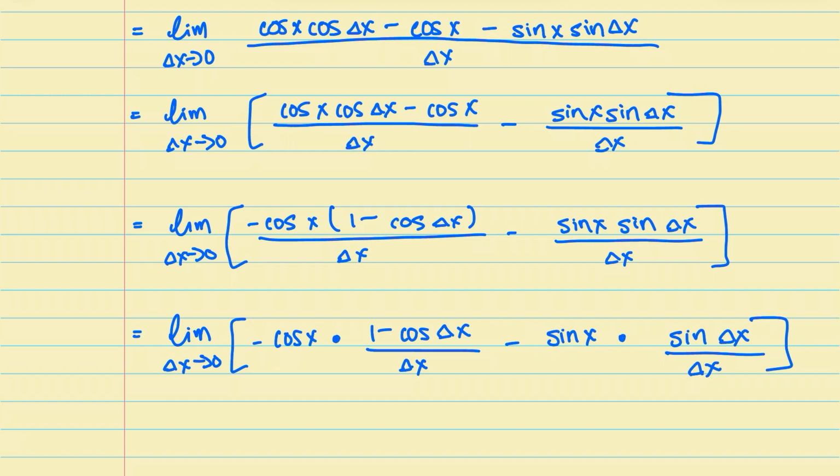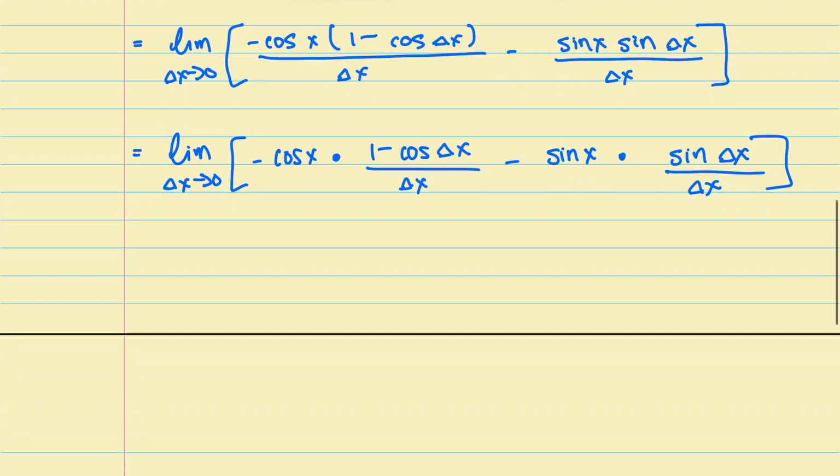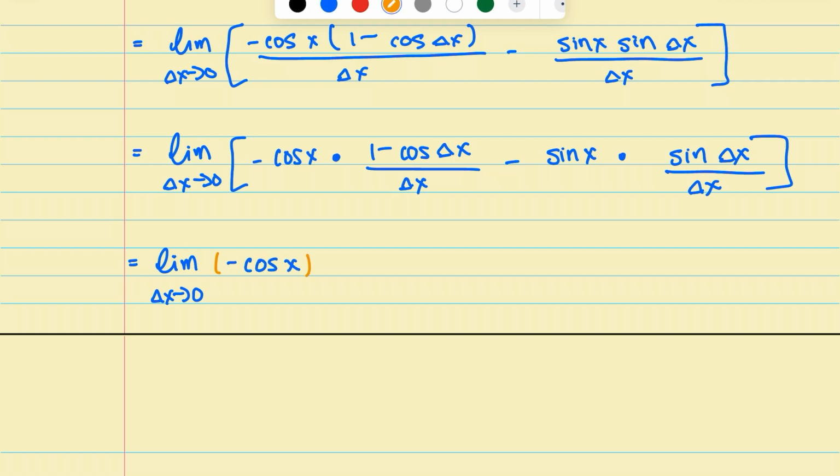Now, using limit properties, we can finally begin to find the limit of each of these expressions. You'll have the limit of negative cosine of x as delta x approaches 0, times the limit of 1 minus cosine of delta x over delta x as delta x approaches 0.